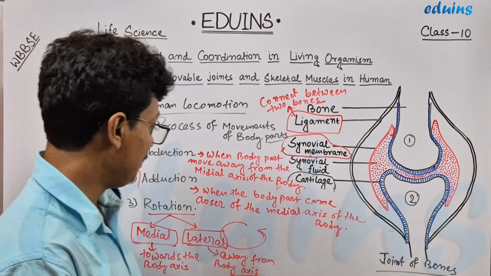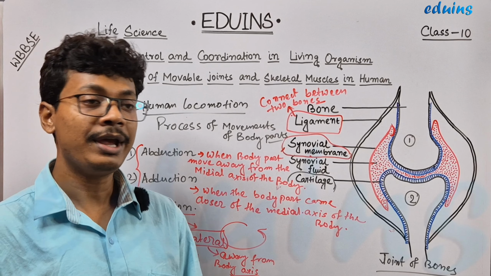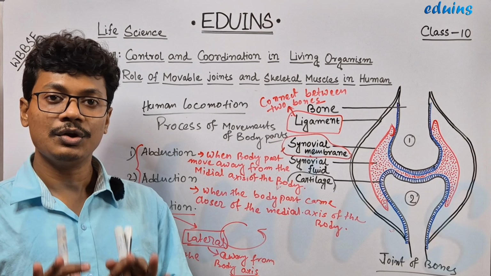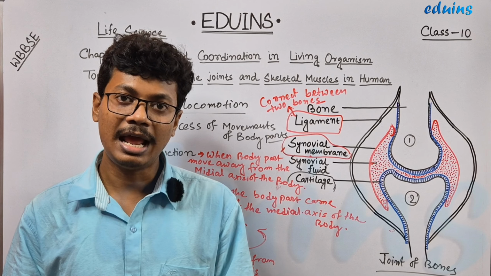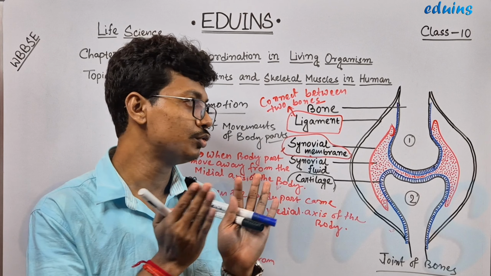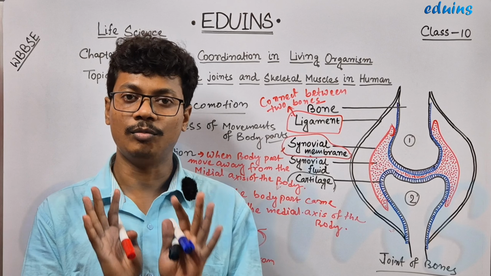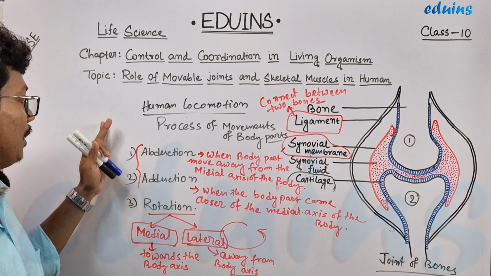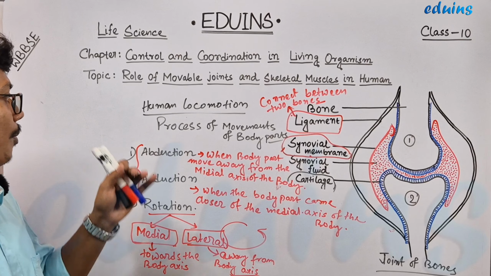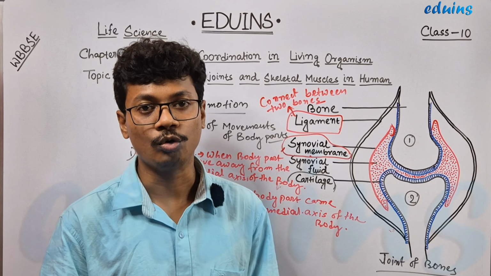So these are the two processes of rotation. When the rotation happens, when we are standing in a static position and our face or hand or leg moves towards or away from the body axis. Okay, so these are the processes of body parts movement in the time of human locomotion.